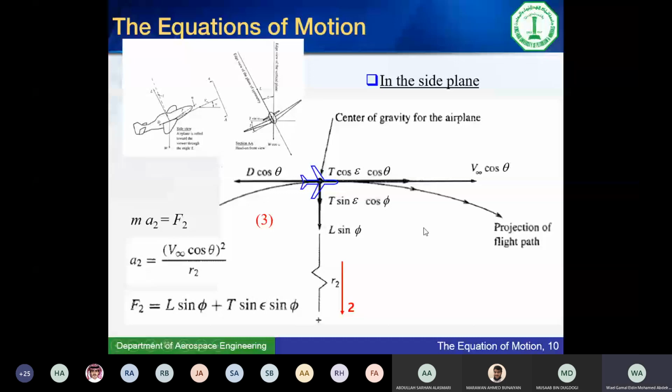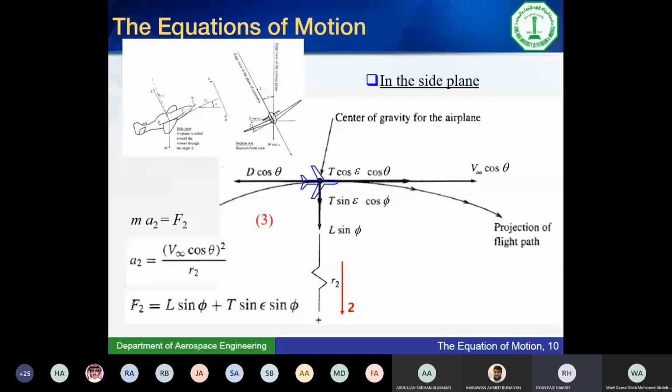Doctor, the angle of epsilon should be there while the plane is climbing. It should always be there. The angle of epsilon is there no matter what. Even if the aircraft is flying straight and level, there might be an angle of epsilon.